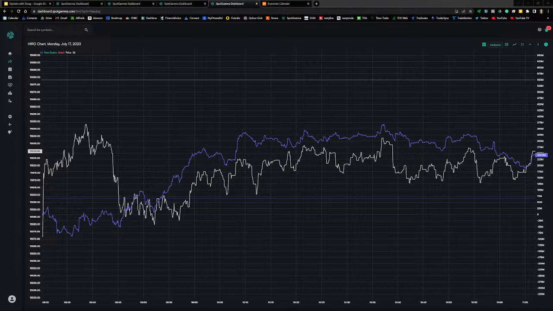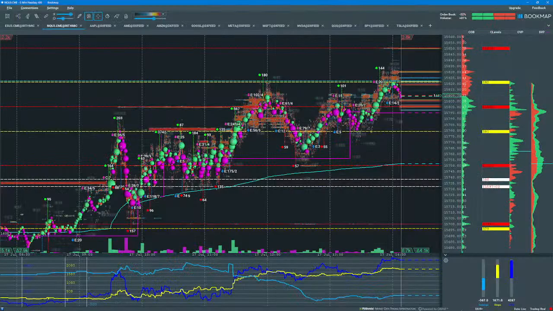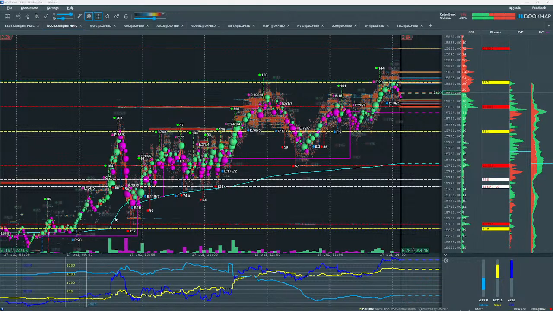Let's go back, take a look at Bookmap again. So that happens, let's say around 9:50, 9:55. Right around here at VWAP for NQ.